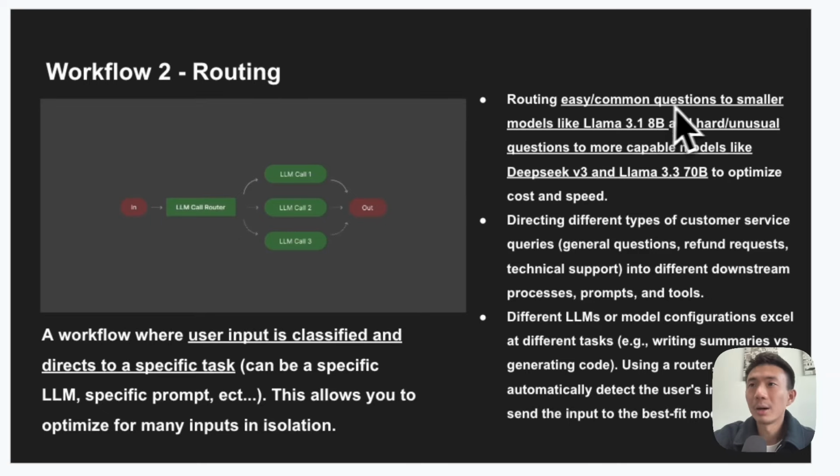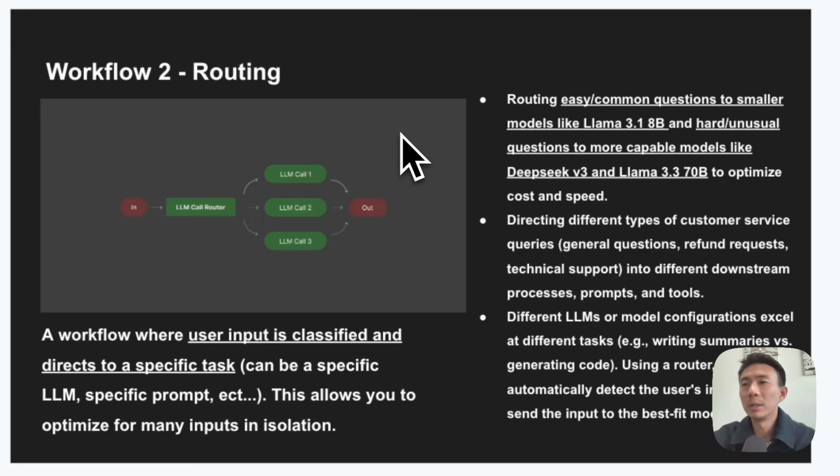Easy tasks, for example, will be directed to smaller models like Llama 3.1 8B, and hard or unusual questions will be directed to more capable models like DeepSeek version 3 or Llama 3.3 70B to optimize the cost and speed.